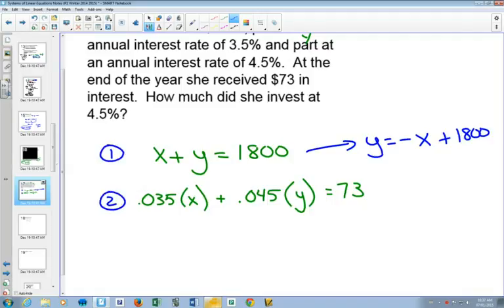Since we got a variable by itself in equation 1, we substitute that into equation 2. So here's my equation 2. But instead of y, I now write negative x plus 1,800 equals 73.